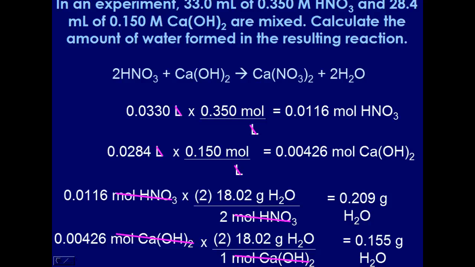So calcium hydroxide is indeed my limiting reactant, and I have figured out from the amount of my limiting reactant the desired product or information I'm looking for in my problem. So 0.155 grams is the amount of water that could be produced with the amounts of reactants in this reaction.